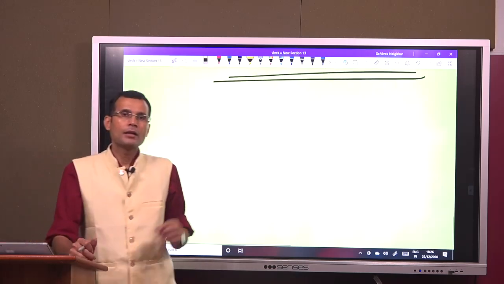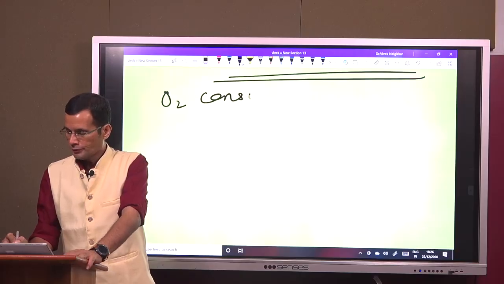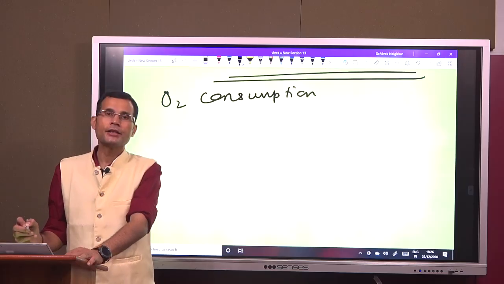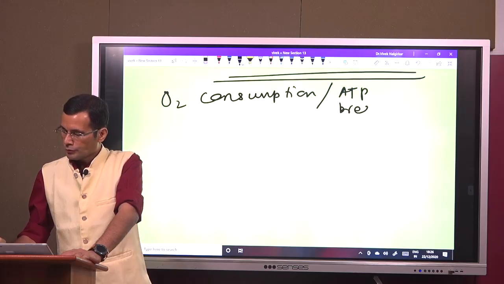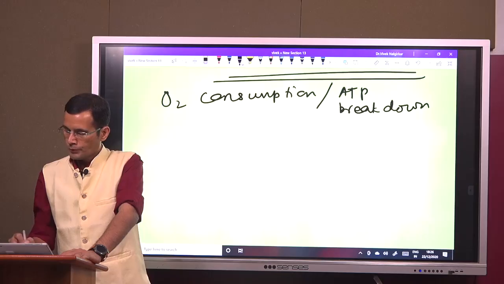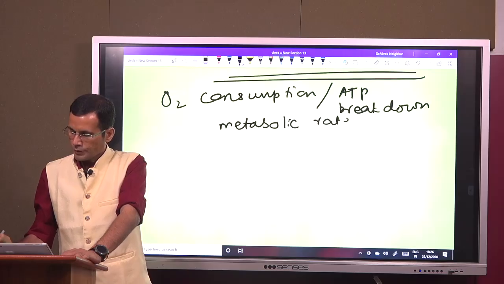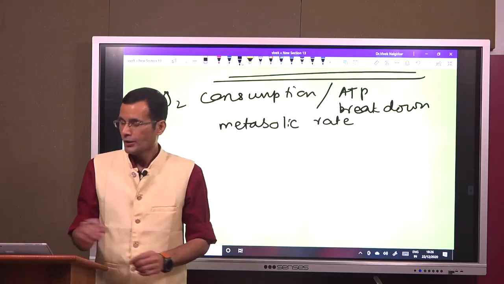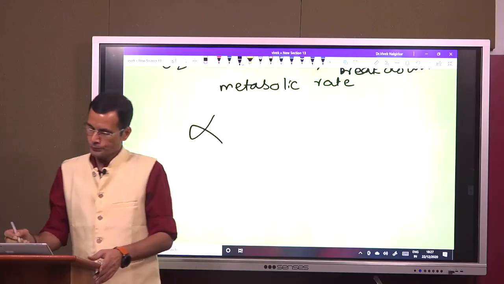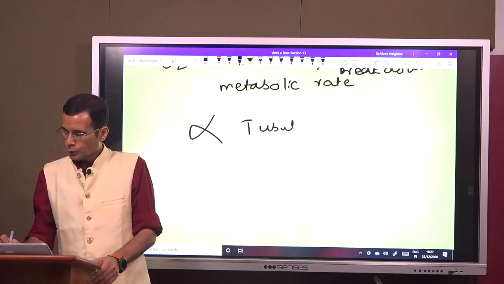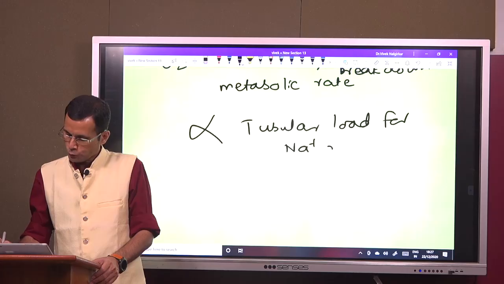Okay, note this point that the oxygen consumption, or let's say ATP breakdown or metabolic rate in the kidney, is directly linked to, or directly proportional to, the tubular load for sodium reabsorption.